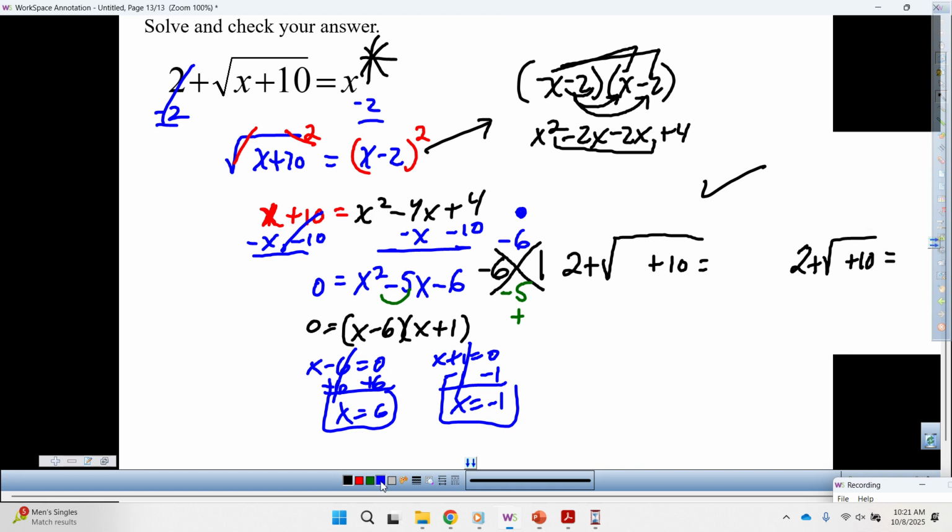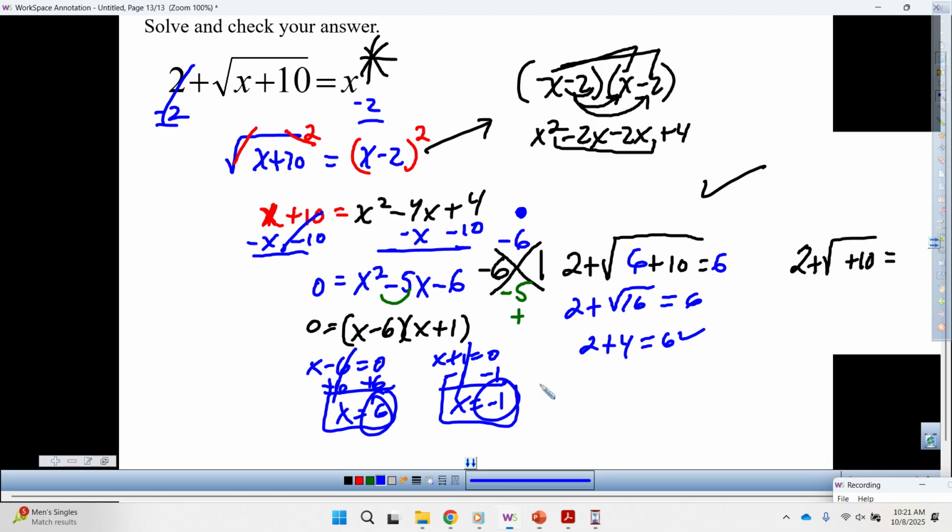So my first value that I'm going to substitute is 6. So let me break it down. 2 plus, what is 6 plus 10? That's 16 equals 6. Question, what is square root of 16? 4. Is 2 plus 4 equals 6? Yes.